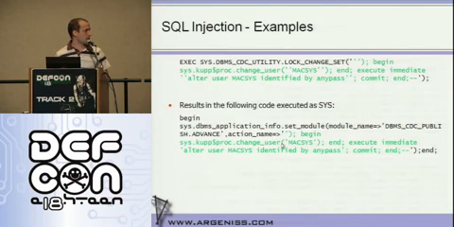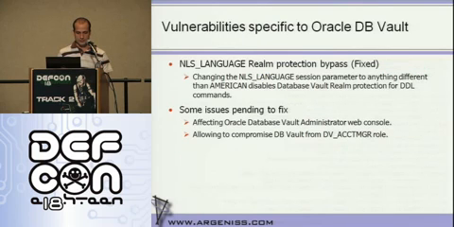And this is the statement that gets executed as sys. I wrote a white paper, so if you want to see more how this works, probably you could read it, as we don't have too much time.